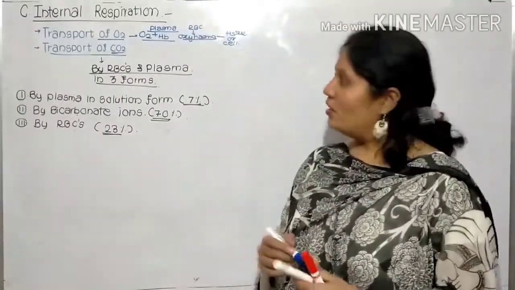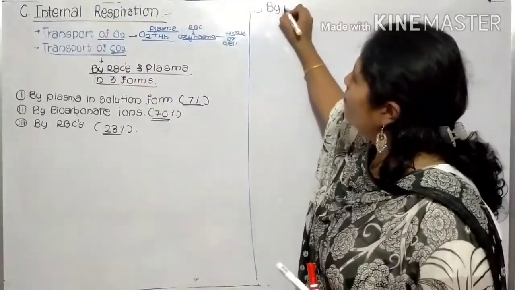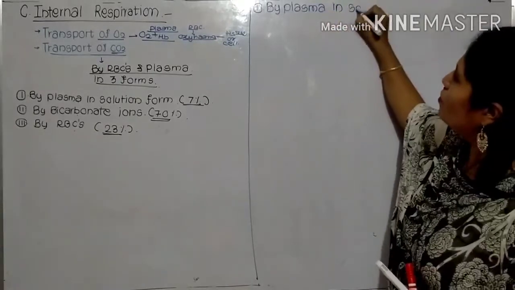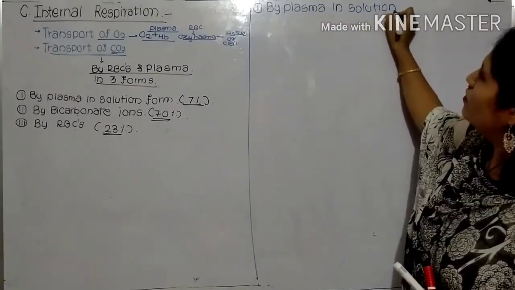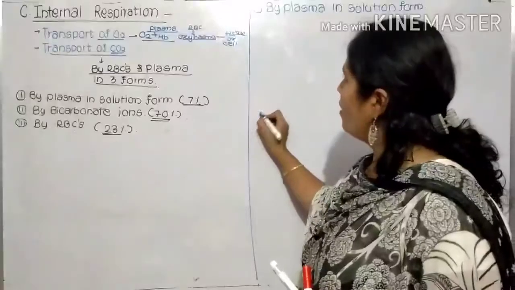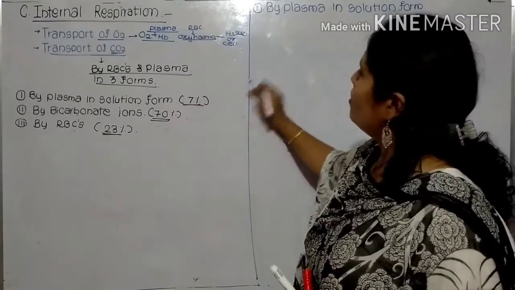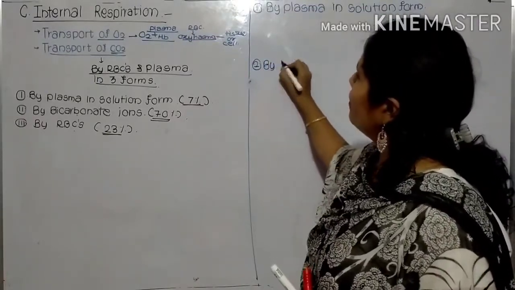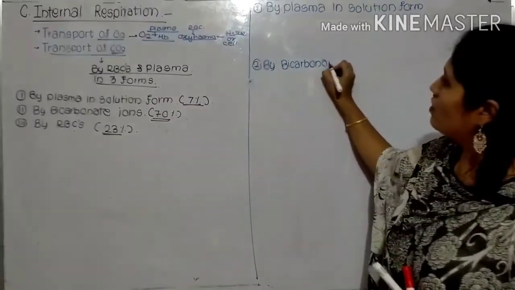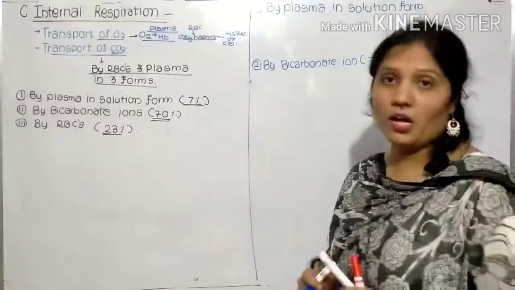Here the first thing we are going to study is transport by plasma in solution form, and the second is by bicarbonate ions. We'll see about these first, and afterward we'll see about transport by RBCs.